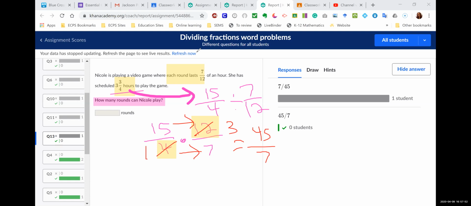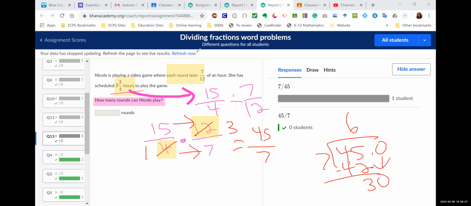So to figure this one out, I'm going to divide 7 into 45. 7 goes into 45 6 times. 6 times 7 is 42. And if I subtract, I get 3, bring down a 0. 7 goes into 30 4 times with 2 remaining. Bring down another 0.